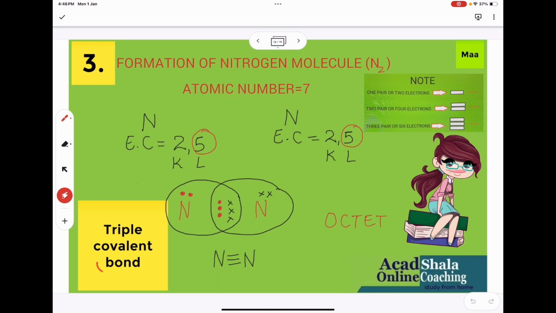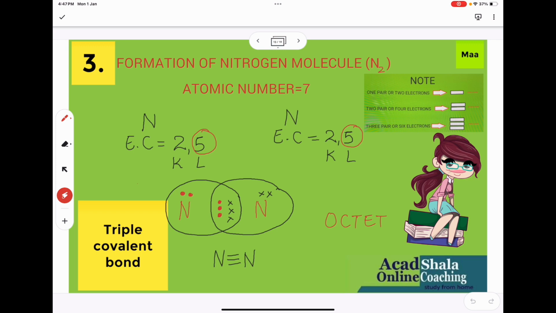In a triple covalent bond, each atom contributes 3 electrons for sharing. It is represented by a triple line between the 2 atoms sharing electrons.